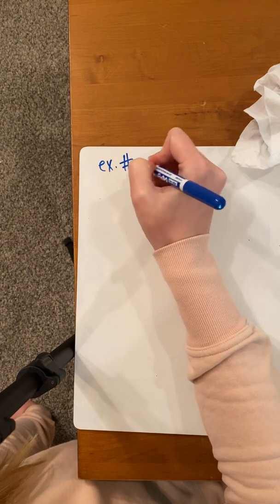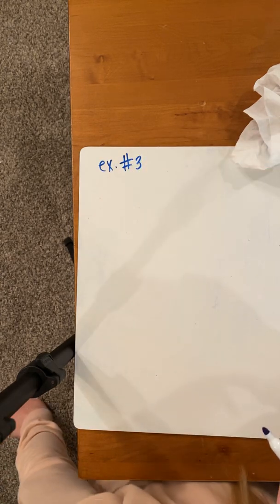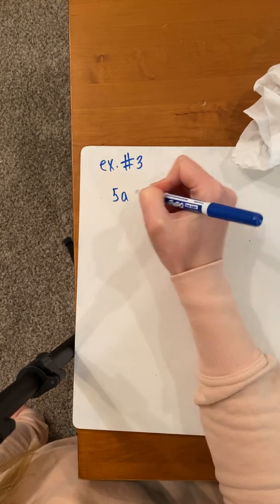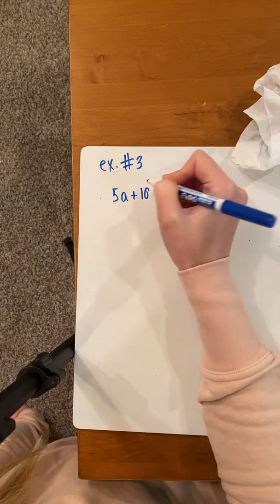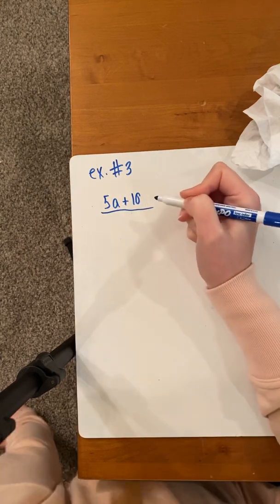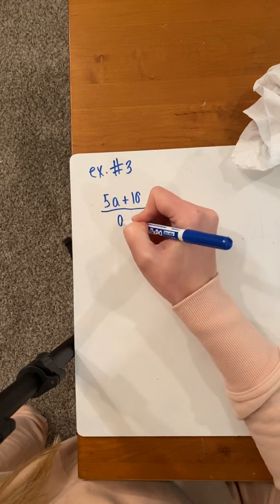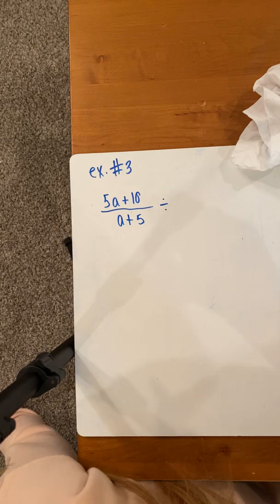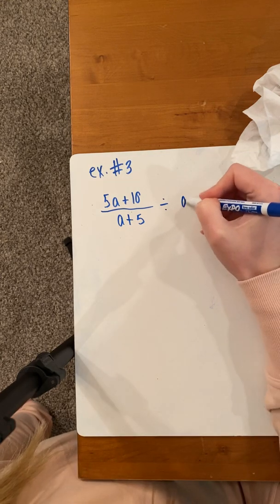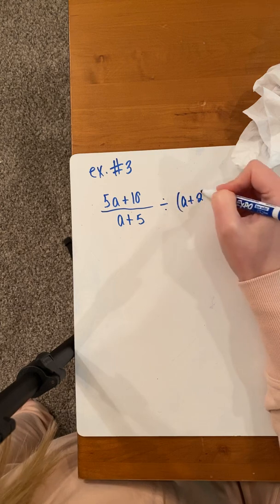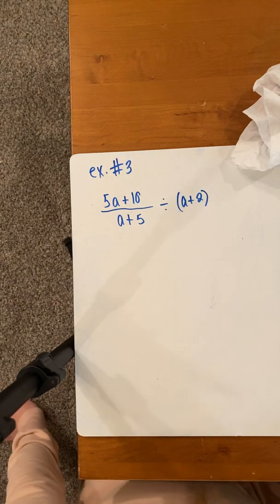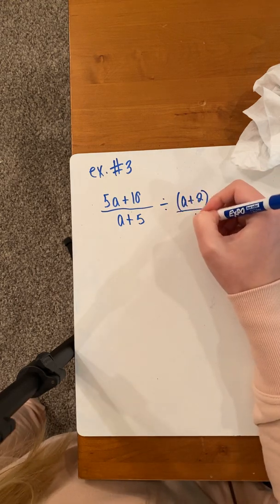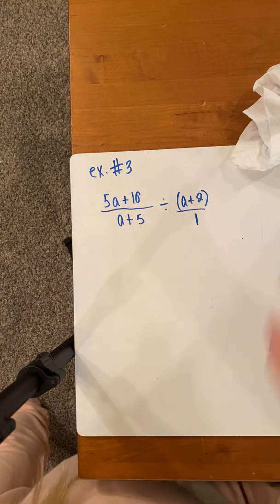We have 5a plus 10 over a plus 5, being divided by the quantity a plus 2. Right away you should see you have a common factor of 5 that you can pull out, or a GCF. And you know a plus 2 needs to be put over a 1, because anything by itself is really just over 1. Now you're going to see how that's important when it comes to flipping it.